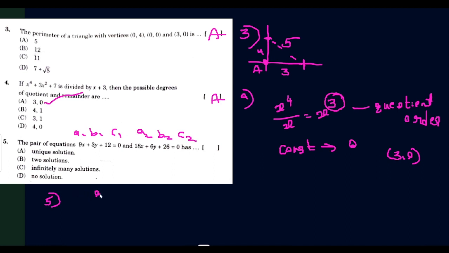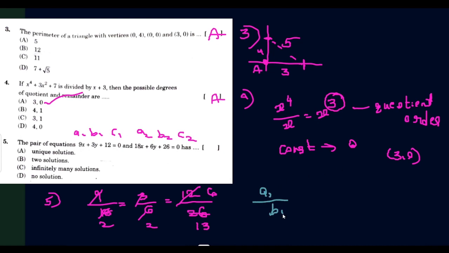So now 9 by 18 is equal to 3 by 6, is equal to 12 by 26, right? So 9 by 18 is 1 by 2, 3 by 6 is 1 by 2, and the third is 6 by 13. So we got the equation as A1 by A2 is equal to B1 by B2 is not equal to C1 by C2, right?